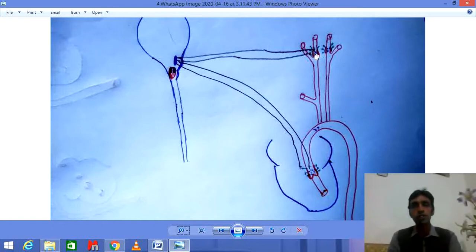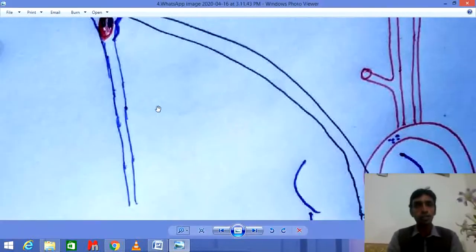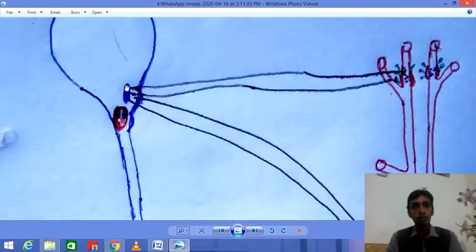When the baroreceptor detects the blood pressure, this detection is communicated with the brain, with a nucleus. This is a nucleus, in the pons area of the brain stem. In the pons there is a nucleus.